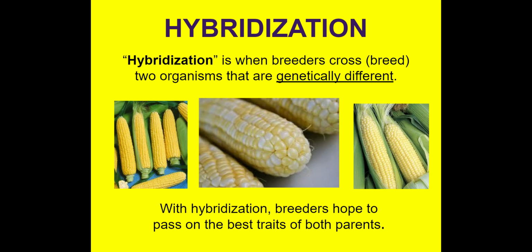Hybridization. Remember that hybrid means two things that are different. Hybridization is when breeders cross two organisms that are genetically different. When you do this, you're hoping that the best of both parents comes in. I remember an old joke about Albert Einstein and Marilyn Monroe, Einstein being known for his intelligence and Marilyn Monroe being physically attractive.